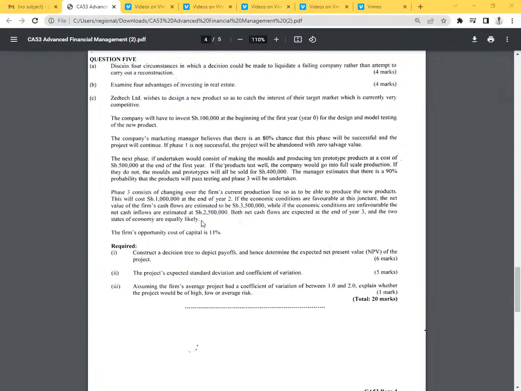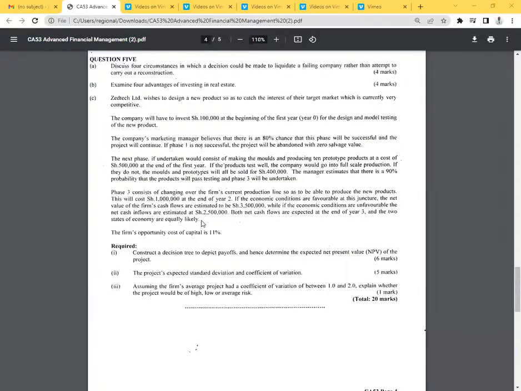The next phase, if undertaken, would consist of making the molds and producing 10 prototype products at a cost of 500,000 at the end of the first year. If the product tests well, the company would go into full-scale production. If they do not, the molds and prototypes will all be sold for 400.